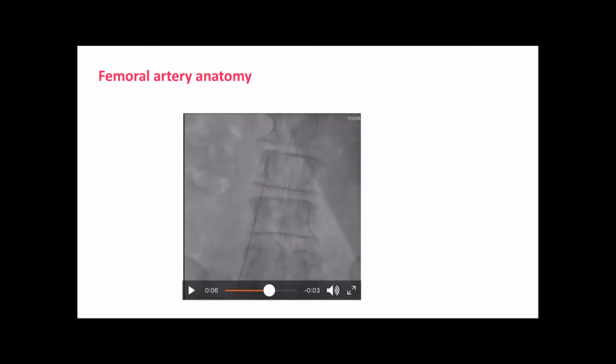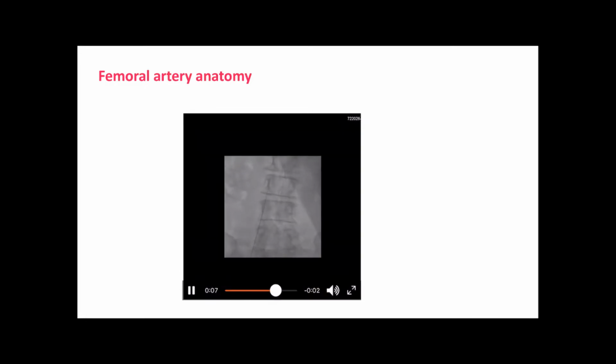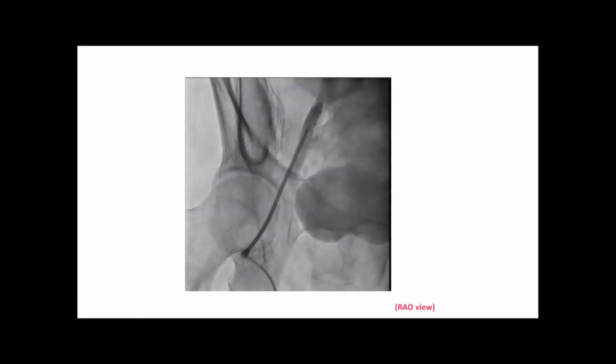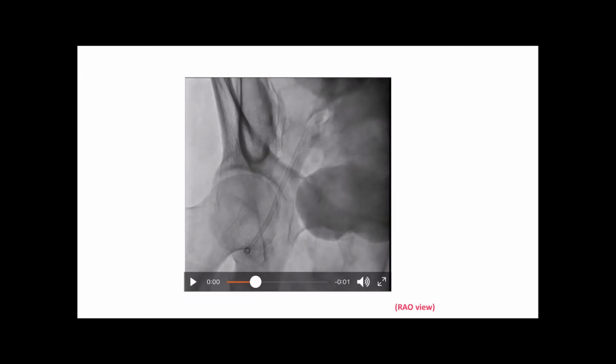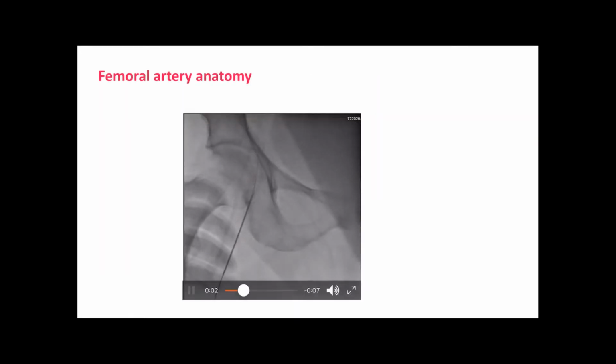If you see the local femoral artery anatomy here, the femoral artery is very intricately related to the femoral head, and as you know, it is usually oriented in this way: the nerve is the most lateral, the artery is in the middle, and the vein is the most medial.